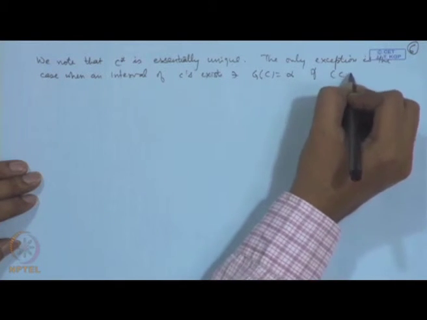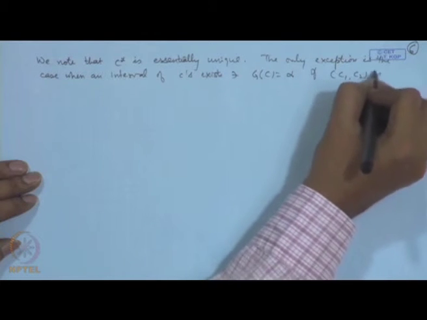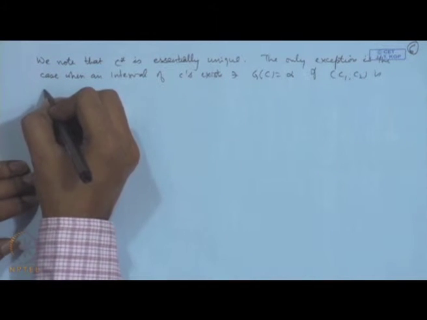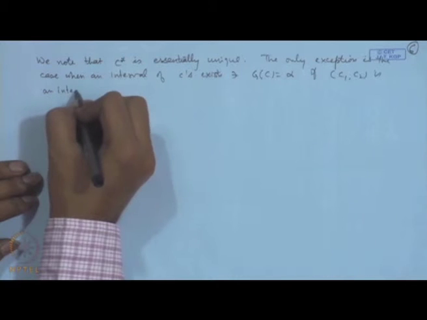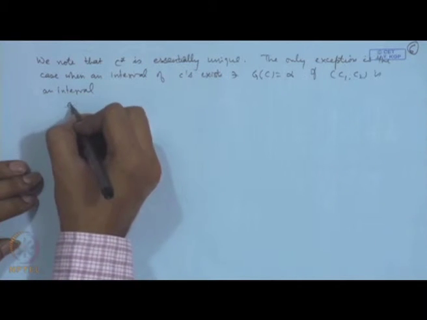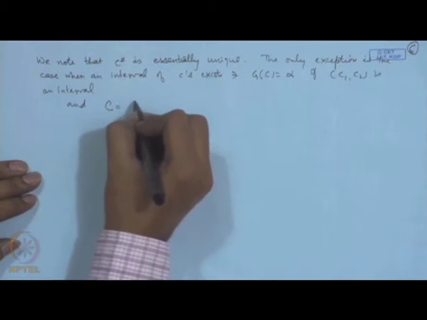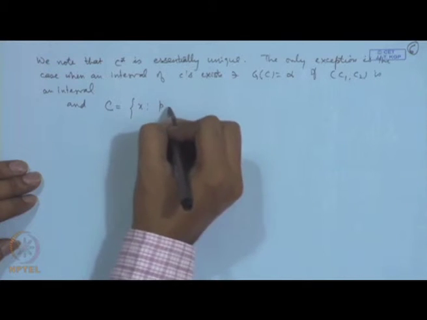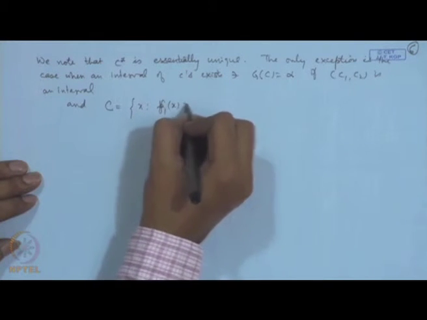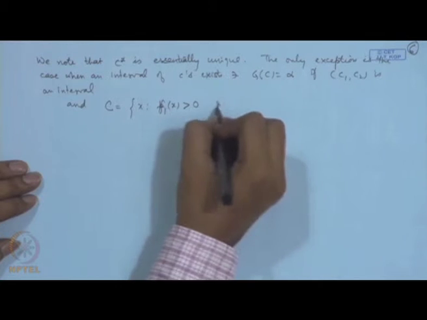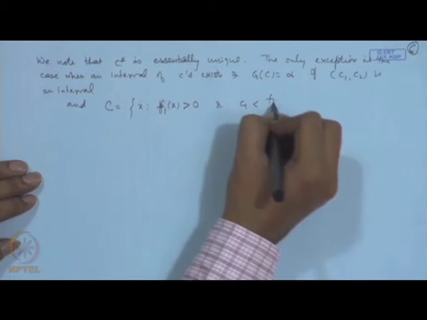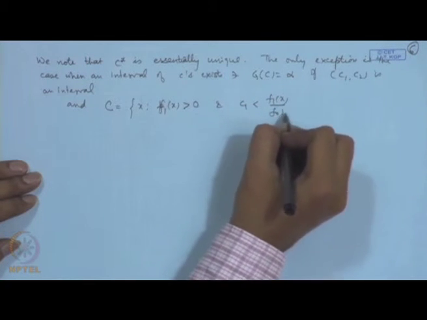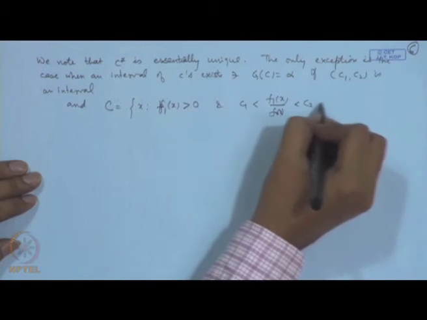If C 1 to C 2 is an interval of this nature, and we consider the set C to be the set of all those values where f 1 is greater than 0 and C 1 less than f 1 by f naught is less than C 2.